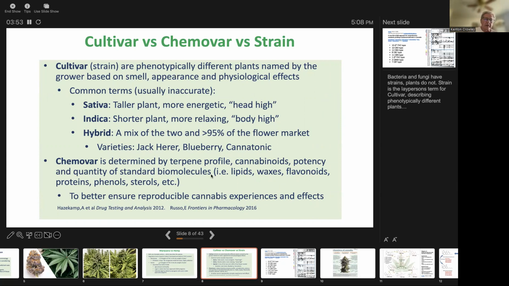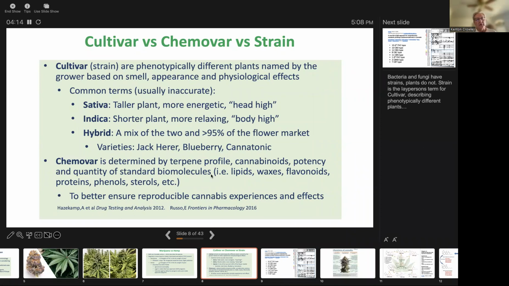But greater than 95% of the flower market today are hybrids, which are a mixture of the two. Varieties, names for those above 3, respectively, are Jack Herer, Blueberry, or Catatonic.